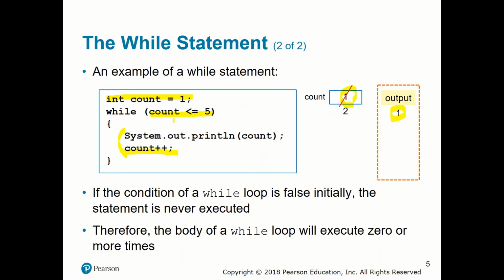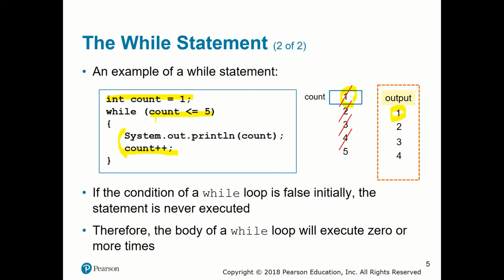And then go to the condition again. Still count is less than or equal to 5, so print out count, and count is increased by 1. And then go to the condition again. Count is still less than or equal to 5, so 3 is printed out, and count is increased by 1. And still the condition is true, so 4 is printed out, and count is increased to 5.